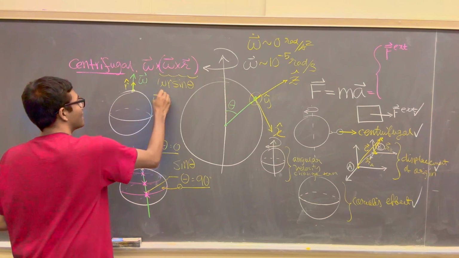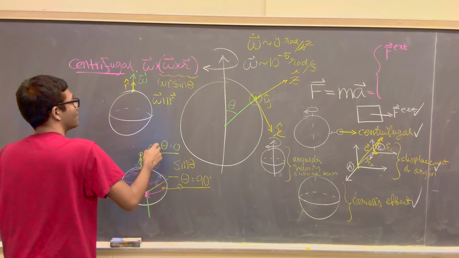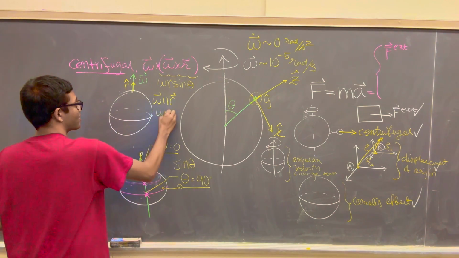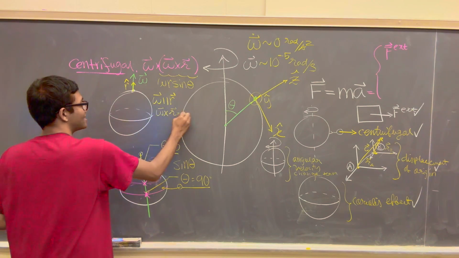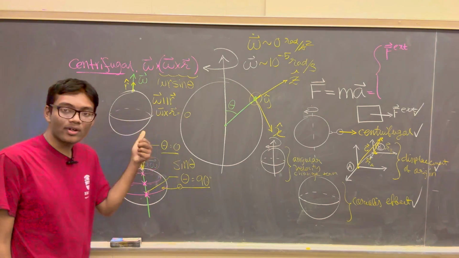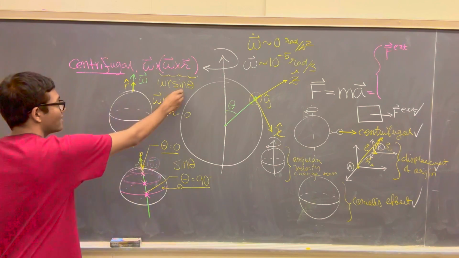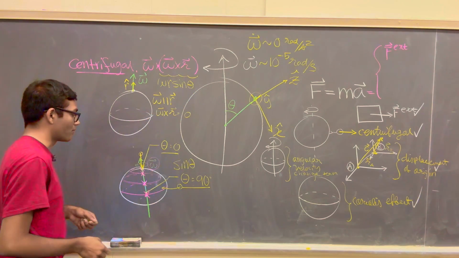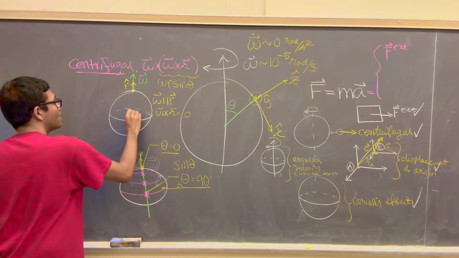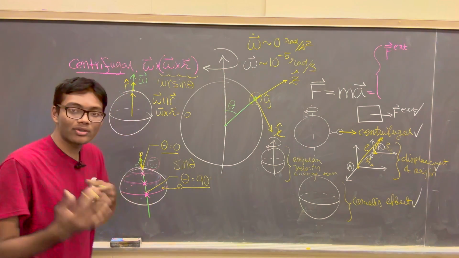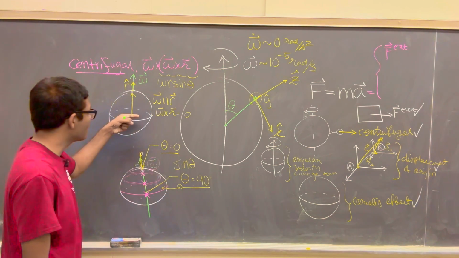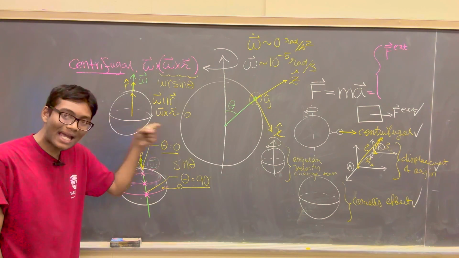So omega is parallel to r, and if omega is parallel to r, then omega cross r is simply 0. That reconfirms our intuition that sine of 0 should indeed be 0. In other words, at the North Pole, there should be no effect of the rotating Earth, whereas at the equator, the effect of the rotating Earth should be maximized.